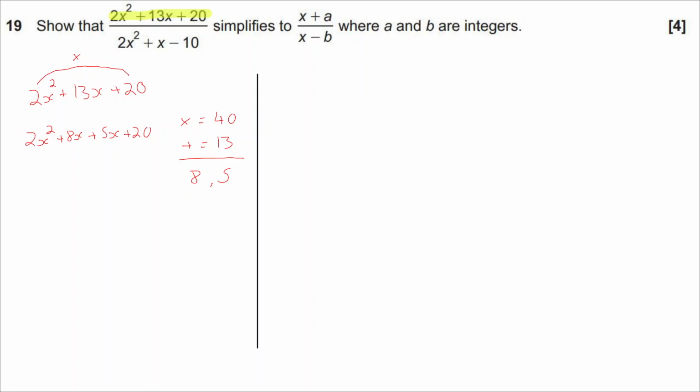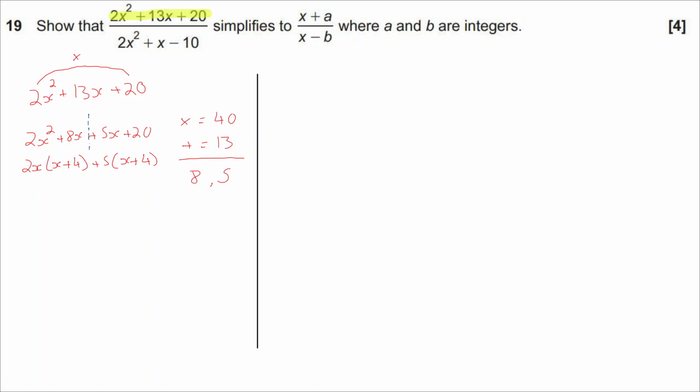And then I go down the middle and factorize each part. I can take out a 2x and then a bracket x plus 4, factorizing out the first part. I should have the same bracket x plus 4 over here, otherwise it's gone wrong somewhere. What can I take out of this? I can take out a 5. Let's double check: 5 times x is 5x, and 5 times 4 is 20.